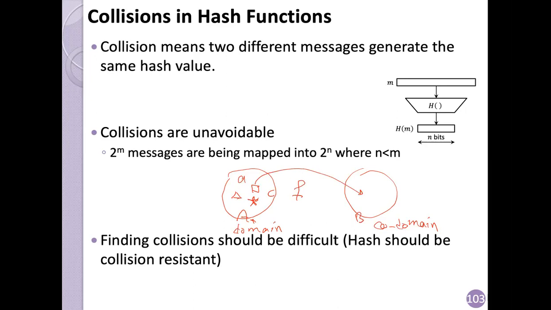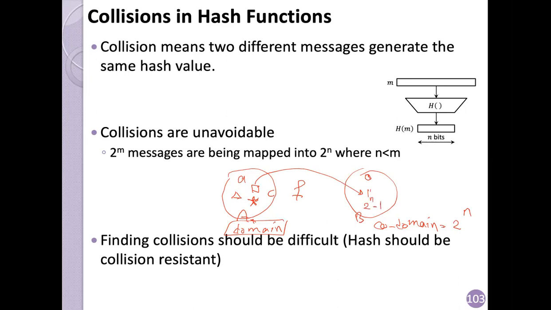So here in the hash function, we are saying that the domain may have any size, but the codomain has only 2 to the power of n elements, not more. So we have elements from 0 all the way to 2 to the power of n minus 1.